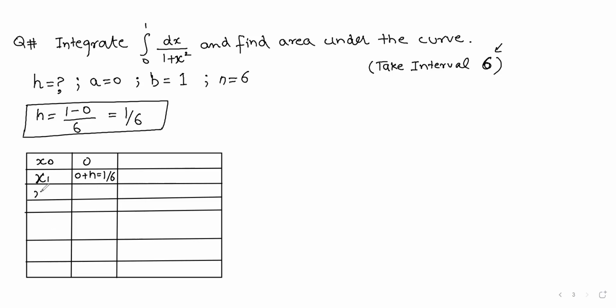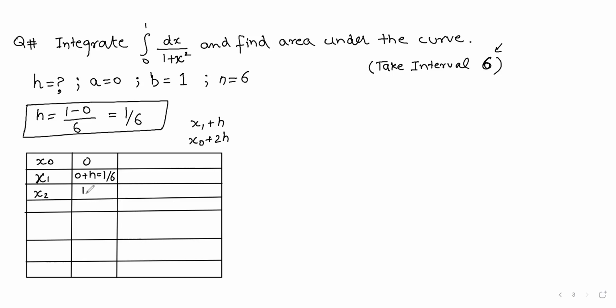And then x2. x2 equals, there are two ways. Either you write x1 plus h, or you can say x naught plus 2h. You can write in any way. So if you use this one, 1 by 6 plus 1 by 6, which is equal to 1 by 3, right?